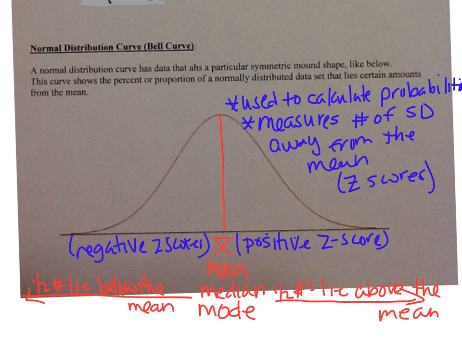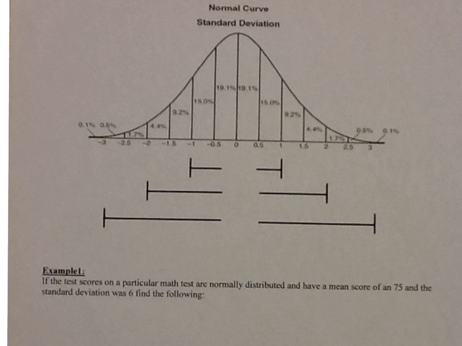Okay, so flip it over. Okay, so this is what the normal distribution curve looks like, or the bell curve. So obviously it looks like a bell. It has a lot of numbers in here. These are how many standard deviations you are from the mean. So right here in the middle where it says 0, that's your mean value. I'm going to skip all the halves and just go to the whole standard deviations.